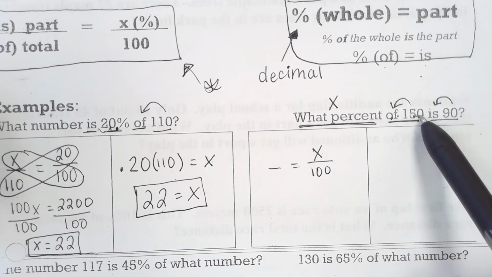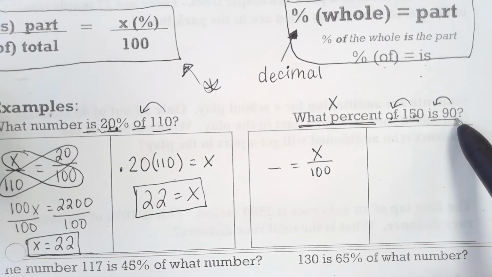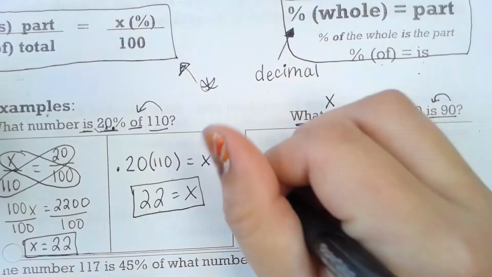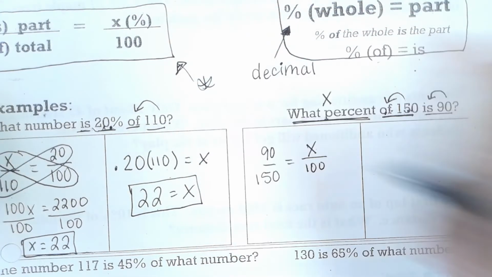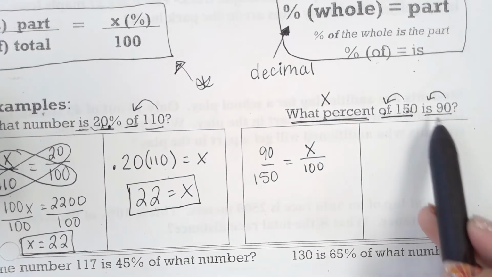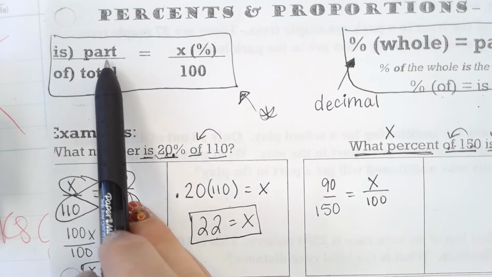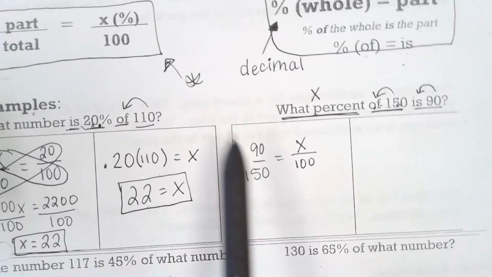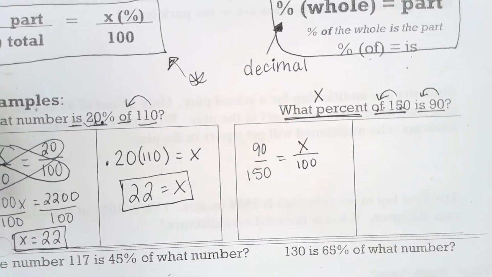So if we had 150 and then we also had 90, well, 90 is part of 150, which means 150 is our total, so that would be our denominator number, and then 90 would be our part, or the is. So again, I'm just plugging in numbers where they belong in the formula. Is, or the part, was on top, and of, or the total, was on bottom, so that's why 90 went on top, since that was the is, and 150 went on bottom because that was the of.